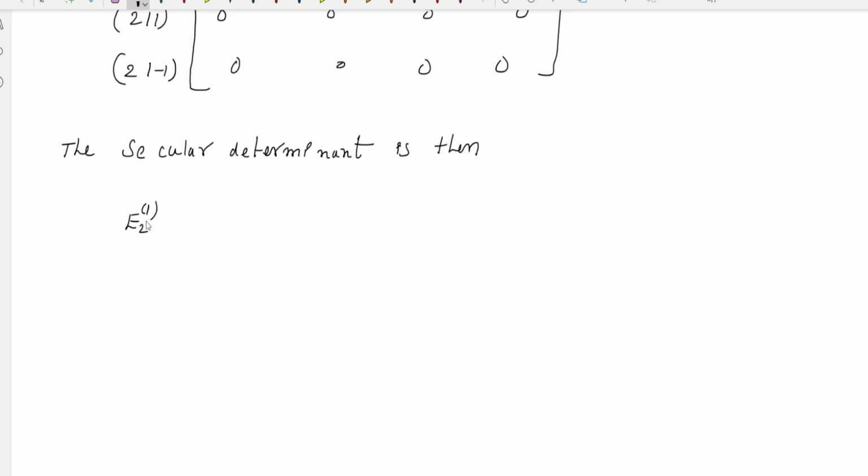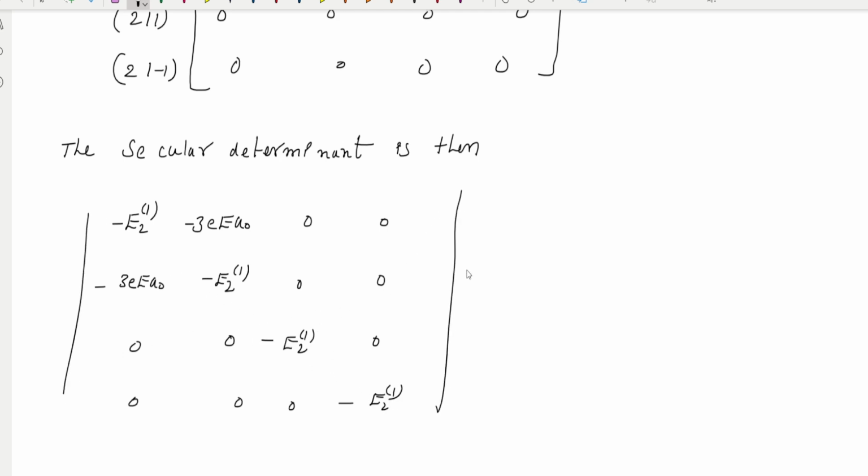E to power 1, 3 E A naught, 0, 0, minus 3 E A naught, minus E to 1, 0, 0, 0, 0, 0, 0, 0, 0, minus E to 1. This is the determinant of this secular equation. Okay.